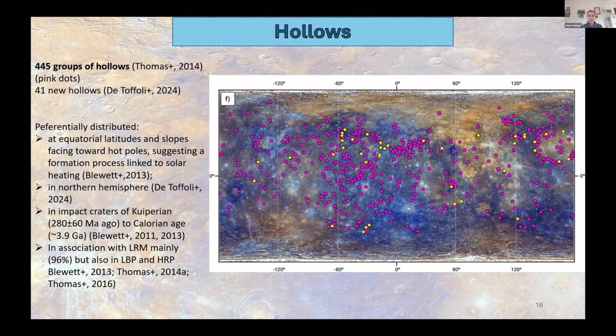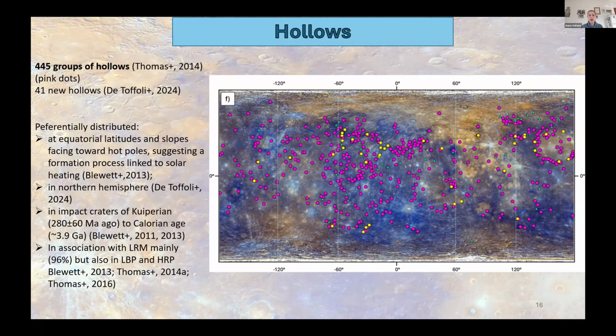These hollows, as already said, are preferentially distributed on the equatorial latitudes and on the slopes that face toward the hot poles, so the poles that are more heated by the sun. And this suggests a formation process linked to solar heating.